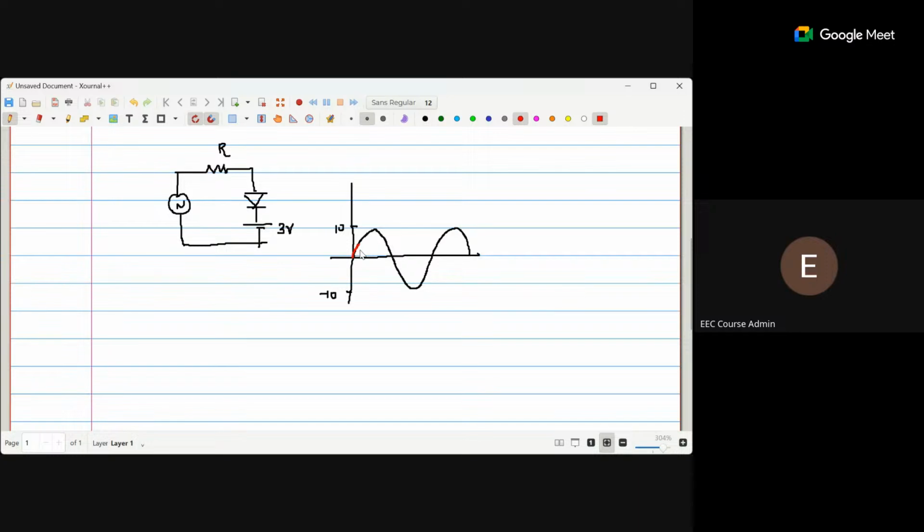Diode is what is mentioned? Ideal diode, right? Yes, ma'am. Or is a forward voltage drop given? No, ma'am, nothing is mentioned. This will be your expected output, correct?